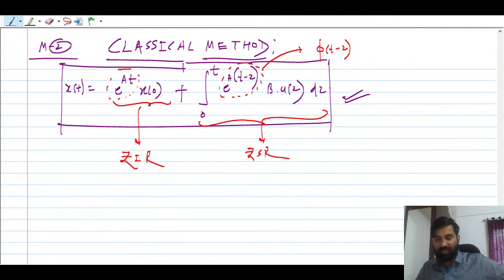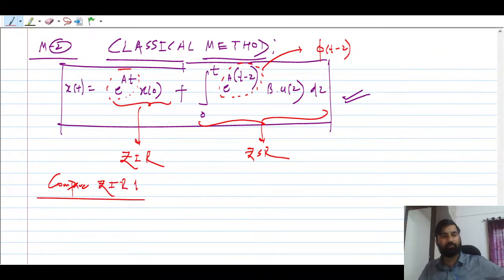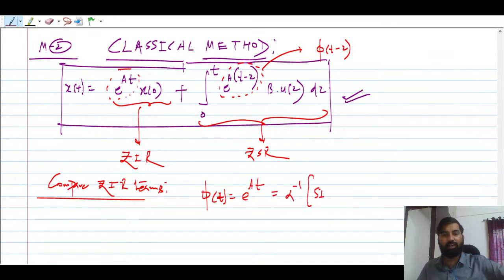If you compare the ZIR terms, what you will find is that phi t is e raised to power At, which is equal to L inverse of (sI minus A) inverse.